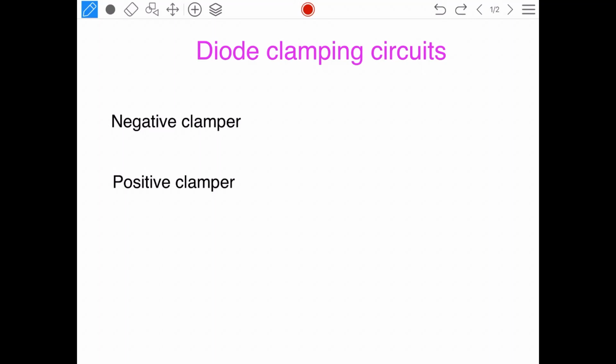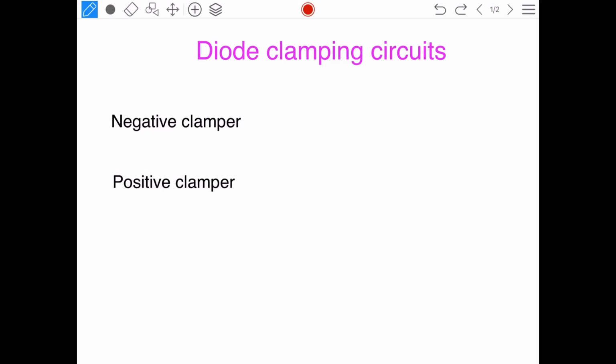In a clamping network, where do we basically see it? The majority of our communication systems have a clamping network. What is a clamping circuit basically doing? A clamping circuit is used to add DC levels to the AC input signal.